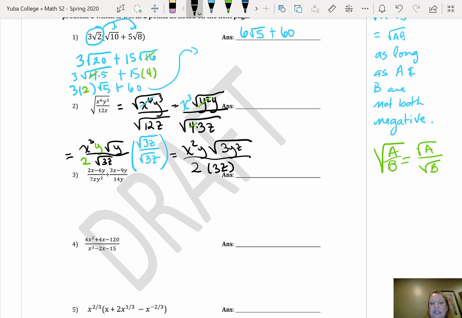And so I'm almost done. I just need to simplify this a little bit, and I can do that. The numerator, I would have x squared y, square root of 3yz, all over 6z.